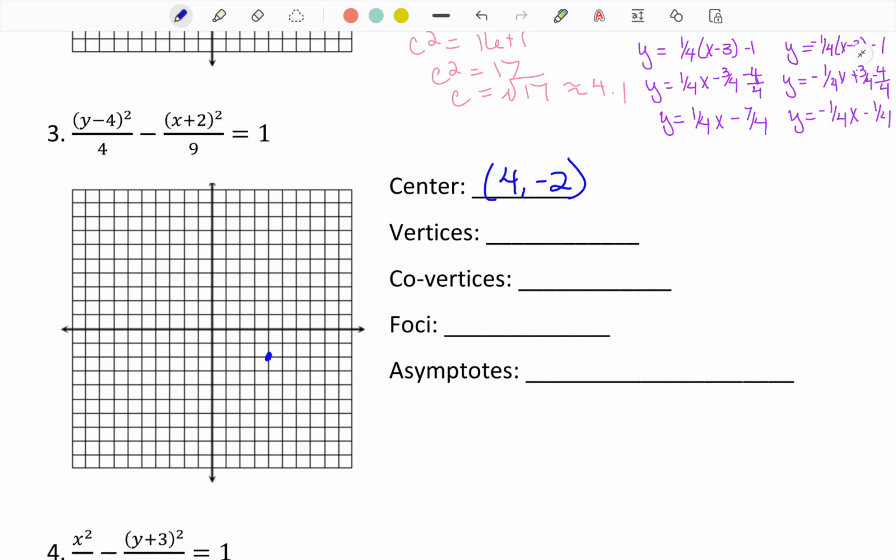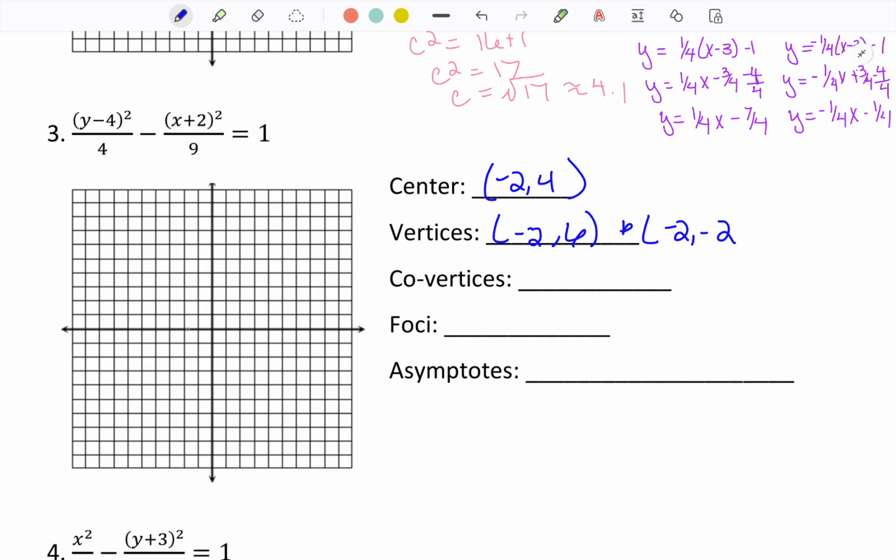And then our vertices, we are looking at our first denominator of 2, so that's plus or minus 2. So that puts our vertices at -2, 6. And actually, I have these switched. That should be -2, 4. So -2, 6 and -2, -2.